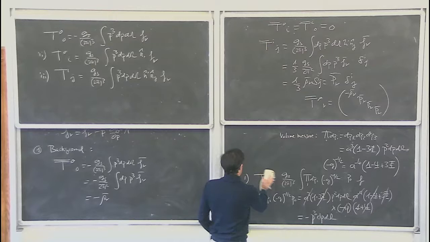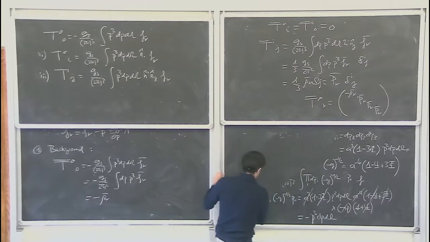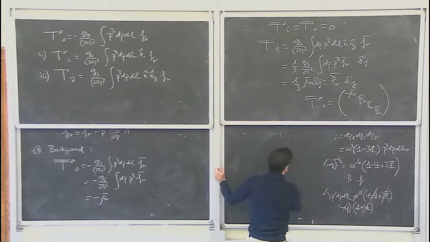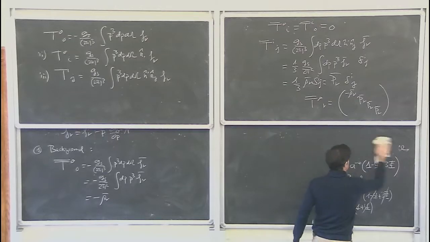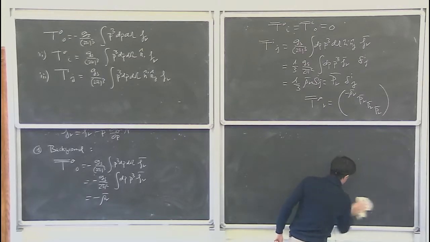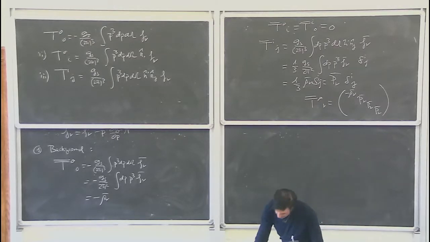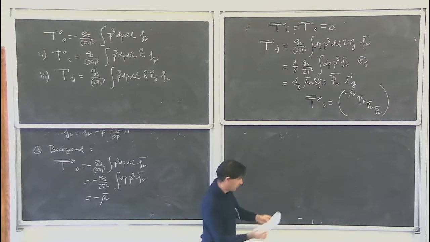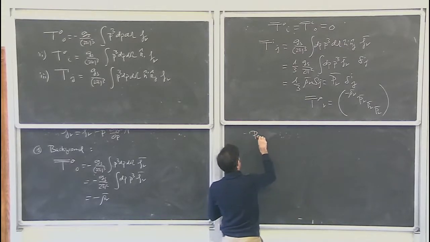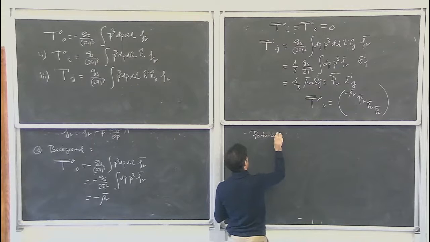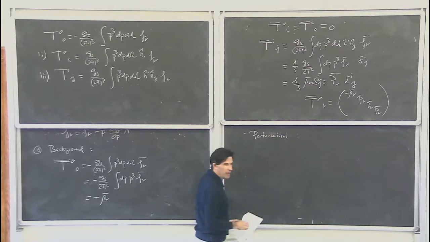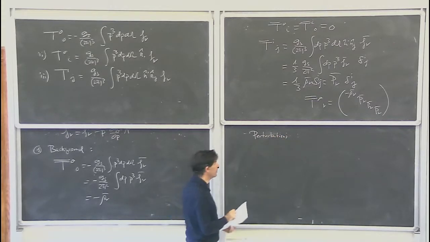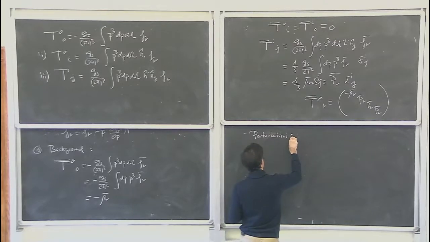Okay, so what about the perturbations? Let's do two of them. I will do the naught-naught and the ij. I won't do the i-naught, you can do it maybe as an exercise.